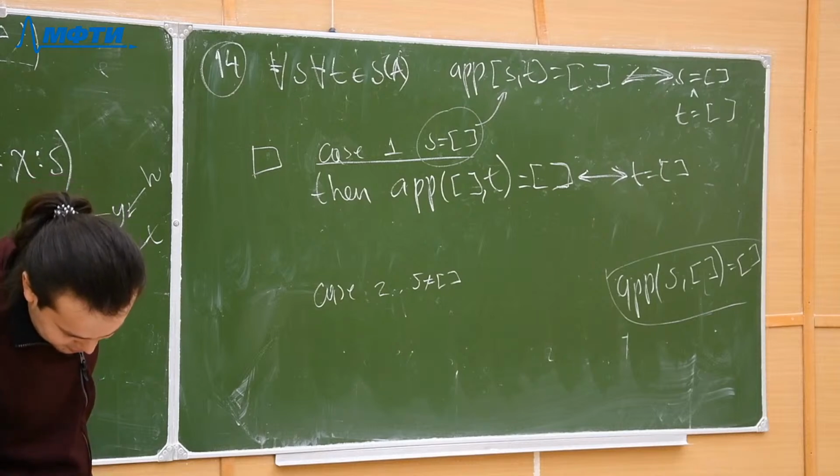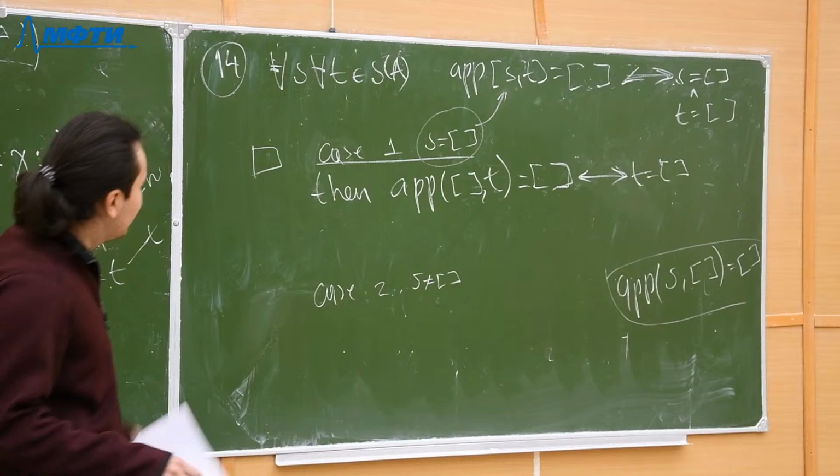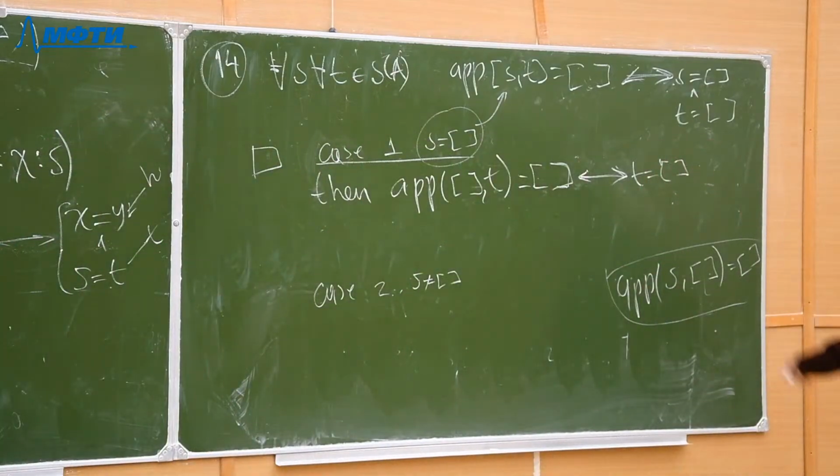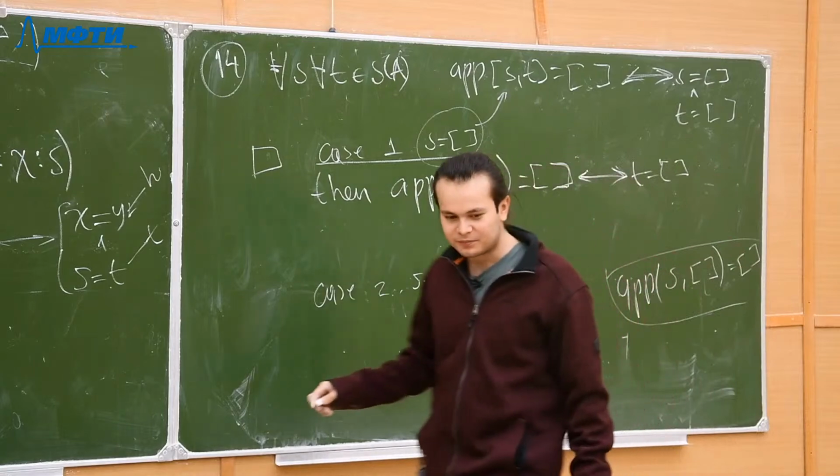Where is that? Empty and S, yes. Then we have to prove this. Okay, yeah, we have to prove this. Did you prove this? Okay, so let's prove it, because to show this, we need to be sure about this. So let's prove that this is true.